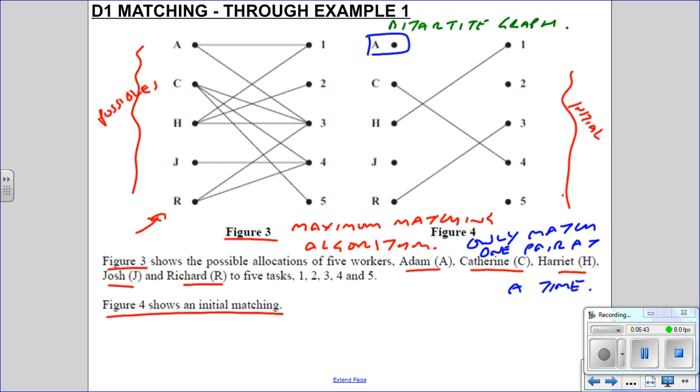So what jobs can Adam do? Adam can do job 1 or job 3. So if I give Adam job 1, at the moment, job 1 is allocated to Harriet. Do you see?